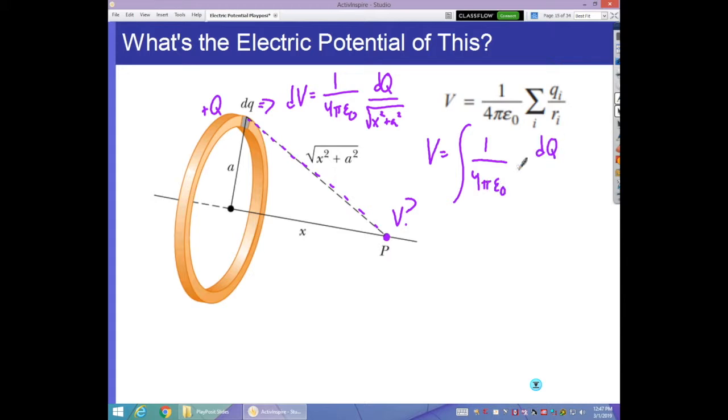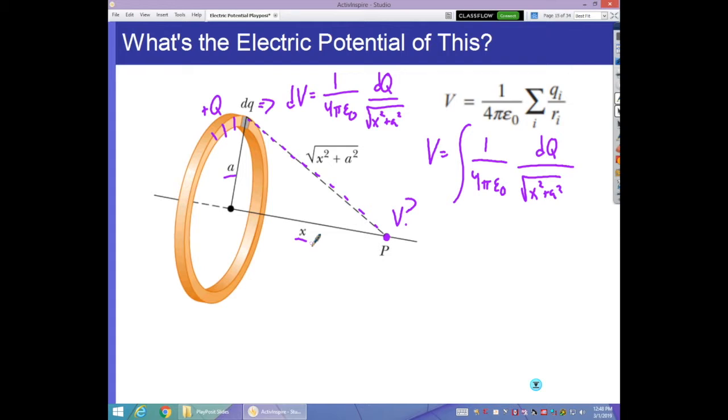it becomes fairly clear at some point that if I move around my ring, I take this dq and this dq and this dq, the radius a of my ring doesn't change. My distance x doesn't change. And so actually nothing about my integral changes. My entire charge q is at some distance away from this.